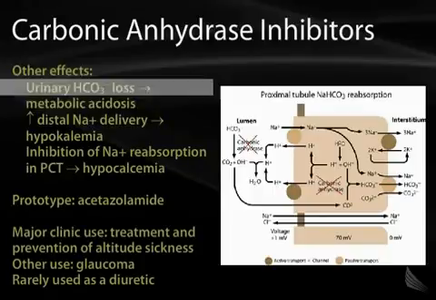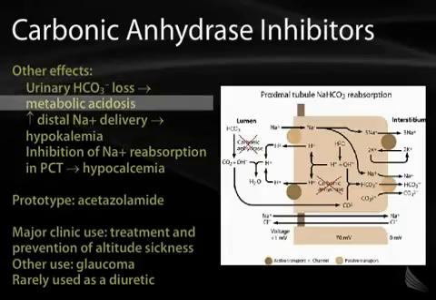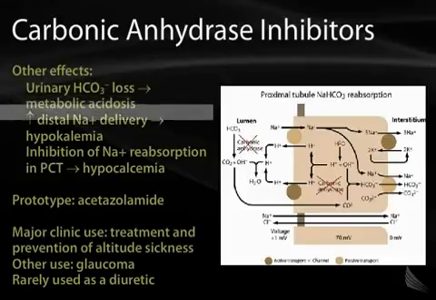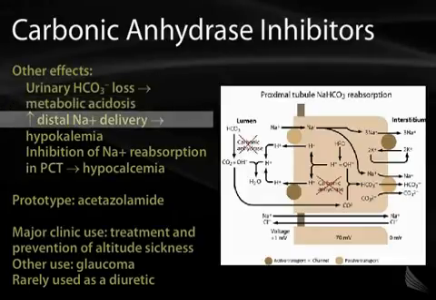The other effects we see are increased urinary bicarbonate losses because the means for reabsorbing bicarbonate have been inhibited. This leads to a metabolic acidosis. There is also increased distal delivery of sodium to the collecting duct. The compensatory mechanism, activation of the aldosterone system, increases sodium reabsorption distally in exchange for increased potassium losses.